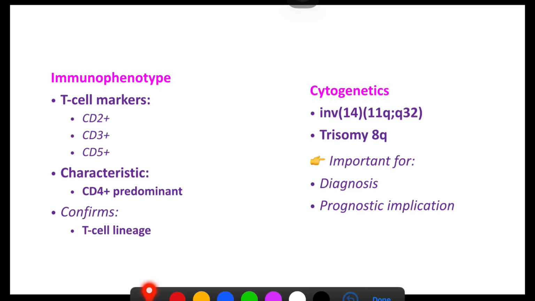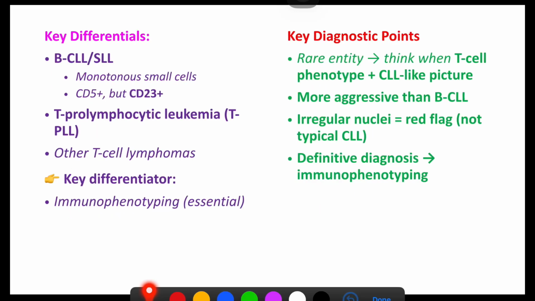So, immunophenotypically it is T cell marker positive, CD2, 3 and 5, CD4 predominantly seen and it confirmed T cell lineage. And cytogenetically inversion 14, 11q, q32 and trisomy 8q, which is important for diagnosis as well as prognosis. So, key differential as we have discussed: B-CLL, SLL which is monotonous, CD23 and 5 positive, T prolymphocytic leukemia and other T cell lymphoma.